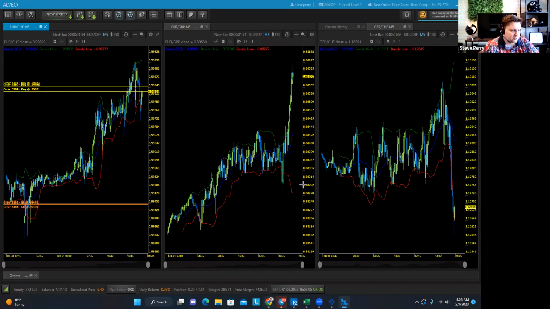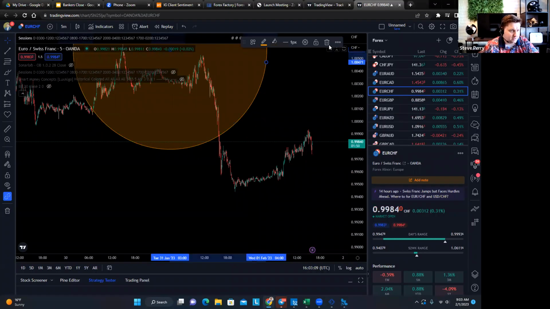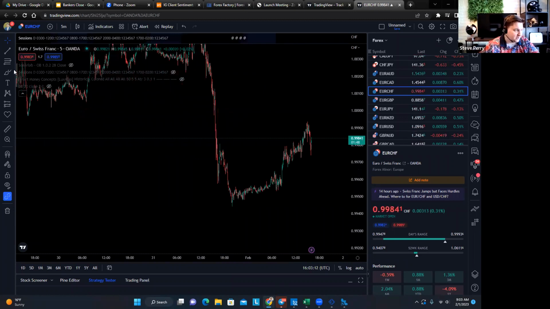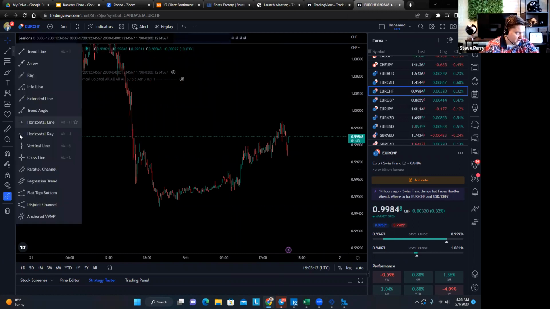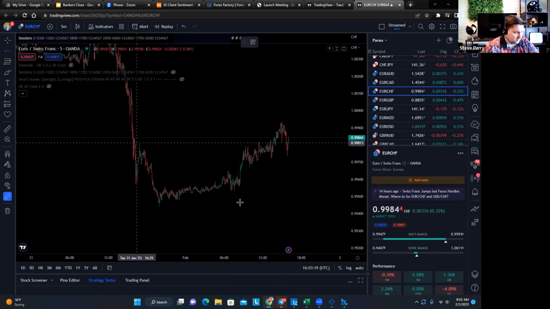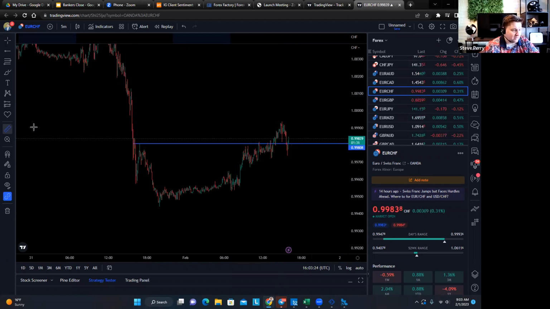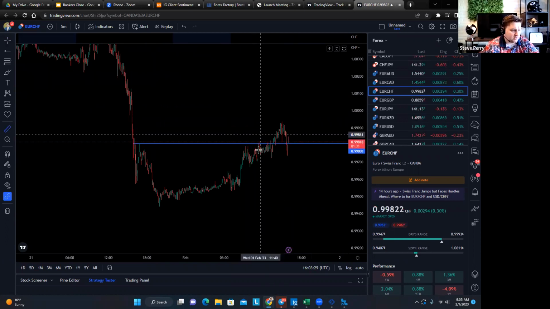Let's look at some of these others real quick. The quick item that I liked on this euro franc, and I saw it immediately, was this right here. You've got this point of structure, and the market broke above that. That's kind of like saying, hey, we want to send this market higher.